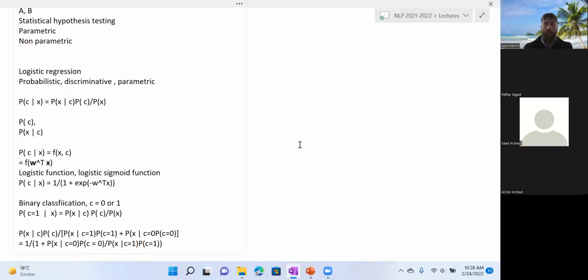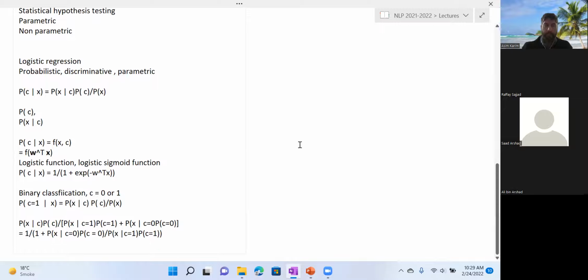okay. Are you following me? Dividing both the numerator and denominator by probability of x given c is equal to 1 and probability c is equal to 1, right? So you notice that we are going closer to the logistic sigmoid function. ठीक है?